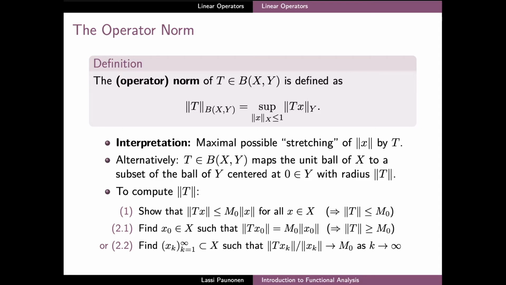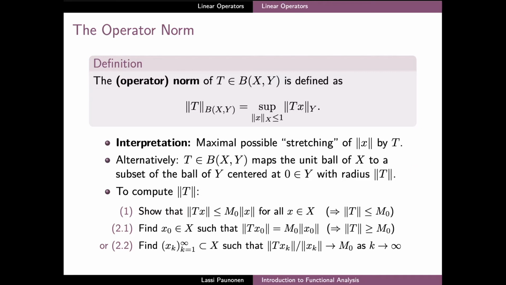And again, in terms of mappings, the norm of the operator is also the radius of the smallest ball in Y centered at 0, which contains the image of the unit ball of the space X under the mapping T.